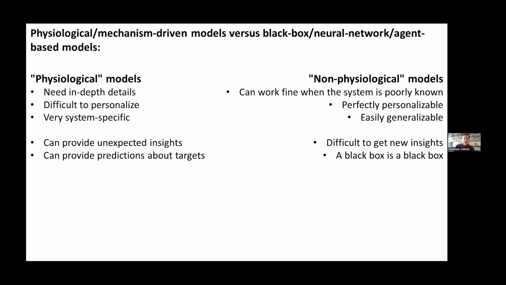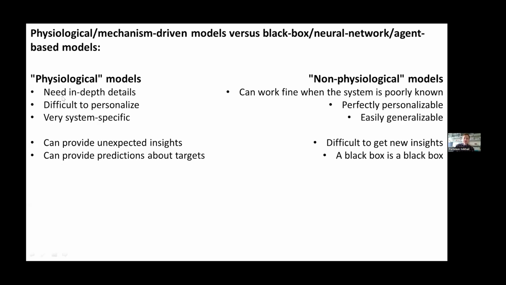So, a little bit of the difference between what you can call physiological and non-physiological models. I put together a wide range of models under this umbrella term, including neural networks, agent-based models, and other types of models when you can simulate something without really modeling it, without really going into details.